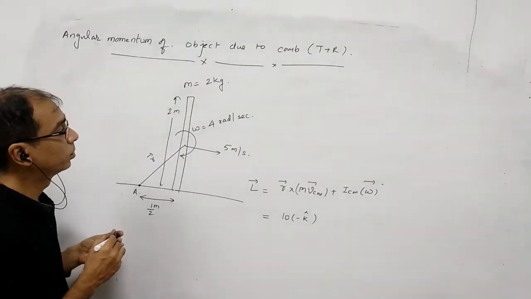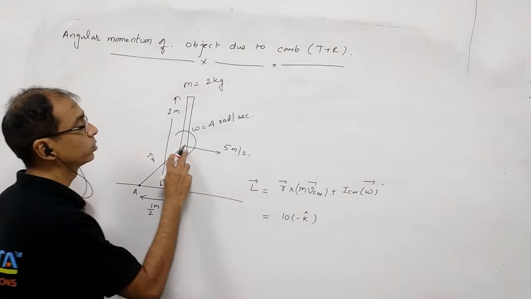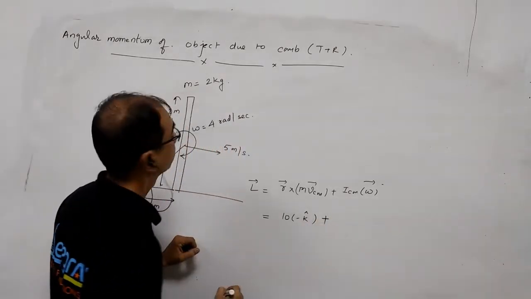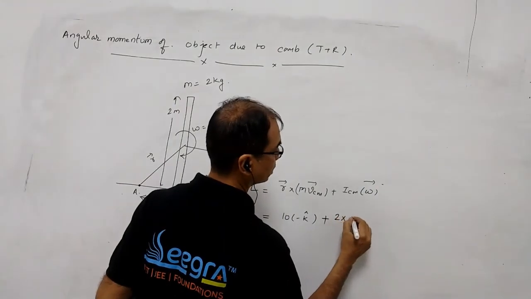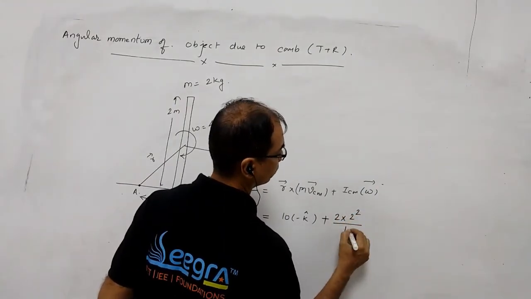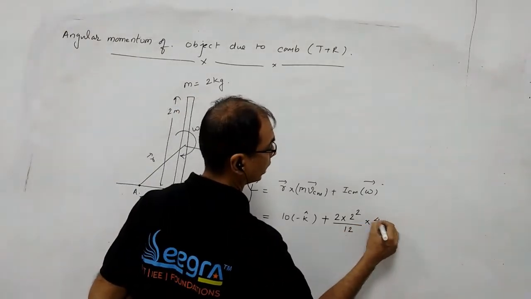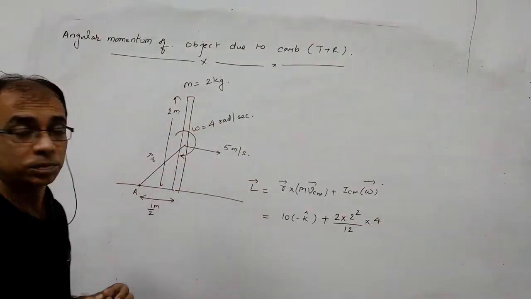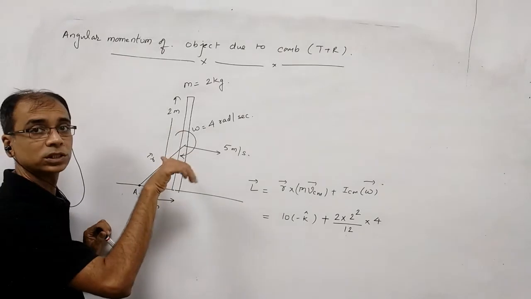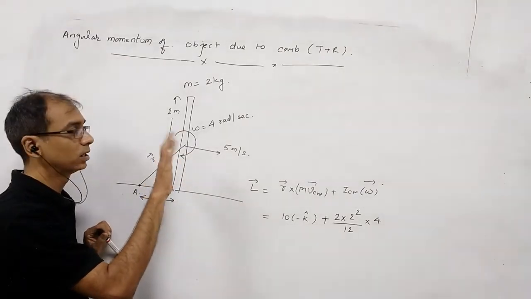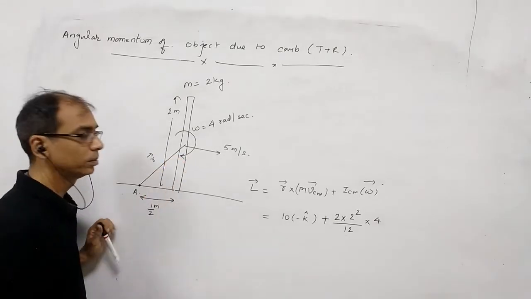Okay. Then I omega. What is I? I will be ml square by 12 here. So plus m is 2, L square means 2 square by 12, into omega. Omega is given as 4. Let's check the direction, because we have to add or subtract, we don't know. Which direction is the rotation? Rotation is clockwise, so angular momentum is inside.